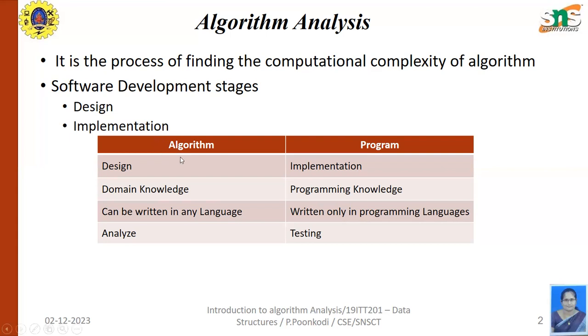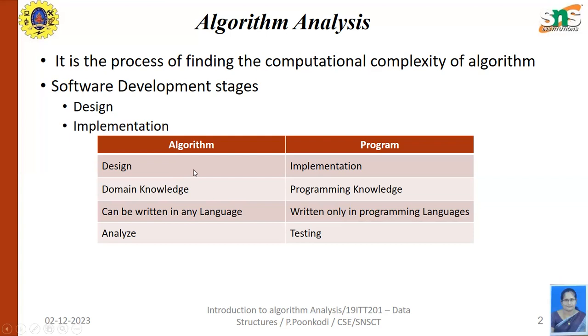Before we go into the algorithm analysis part, you must first familiarize yourself with the difference between an algorithm and a program. An algorithm is used in the design stage of software development, while a program is used in the implementation stage.